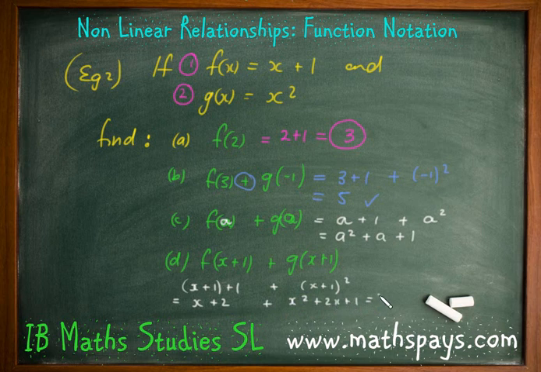Adding it all together, I've got x squared plus x plus 2x is 3x, and then 2 plus 1 is 3. So x squared plus 3x plus 3. I've simply added all those terms together.